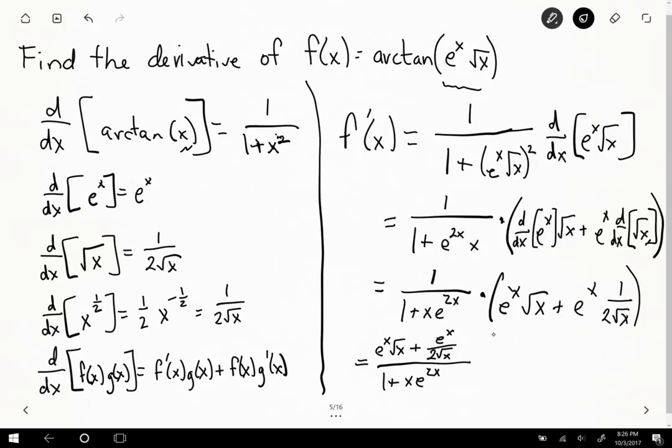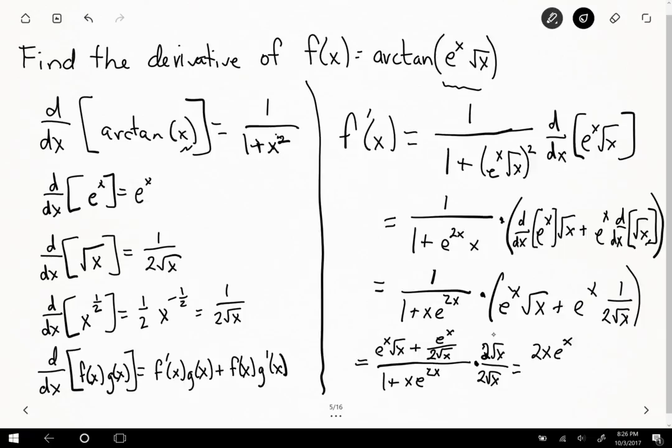So notice that denominator up top, so the way to fix that is you just multiply both the numerator and denominator by 2 times the square root of x. Okay, and when you do that, what happens? Well, you get the square root of x times the square root of x gives you x, so you can rewrite the first part of the numerator as 2x e to the x.